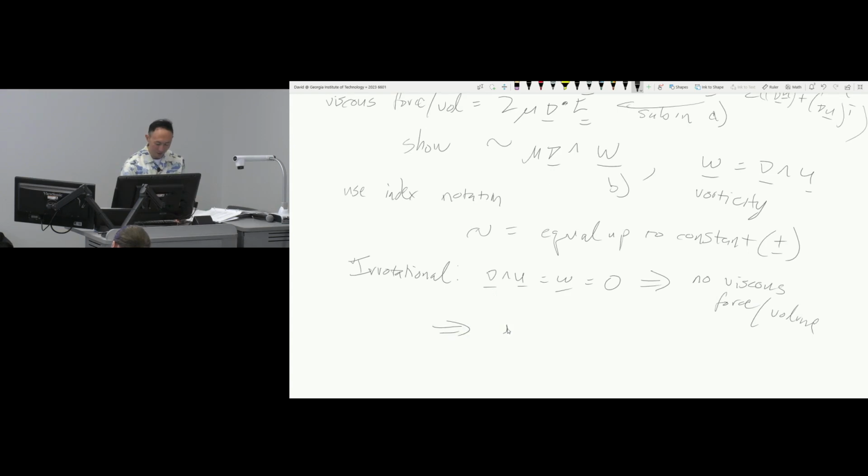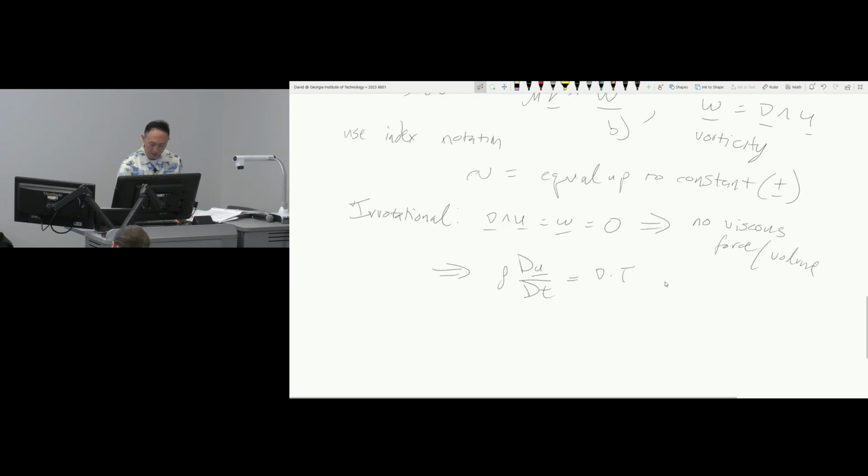So that means rho du dt, which is equal to del dot T, is now just equal to negative del p, because the viscous force, 2 mu del dot E, got killed. If vorticity is zero, then this is zero.